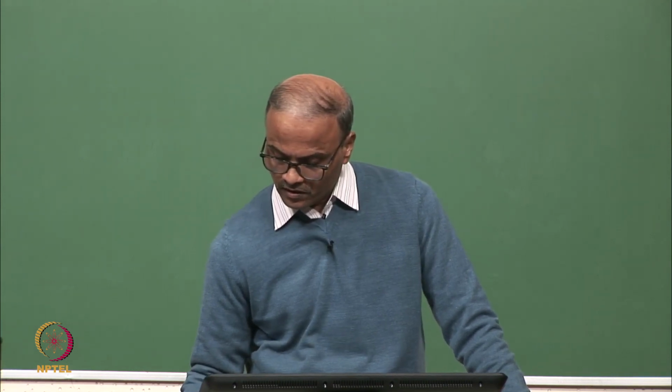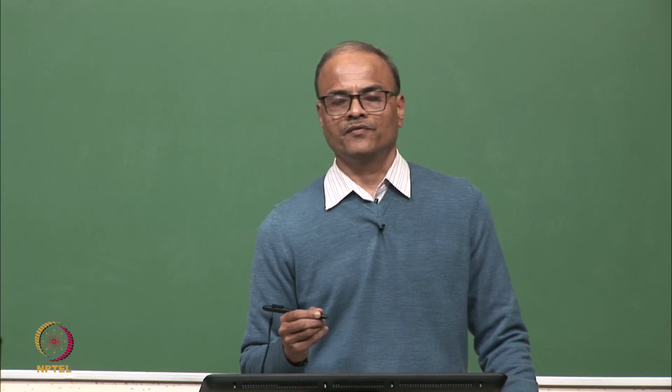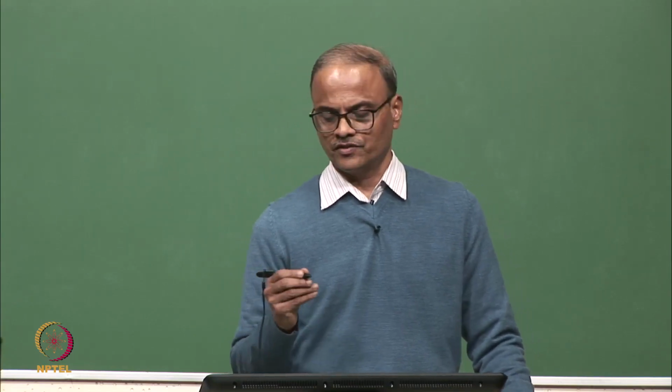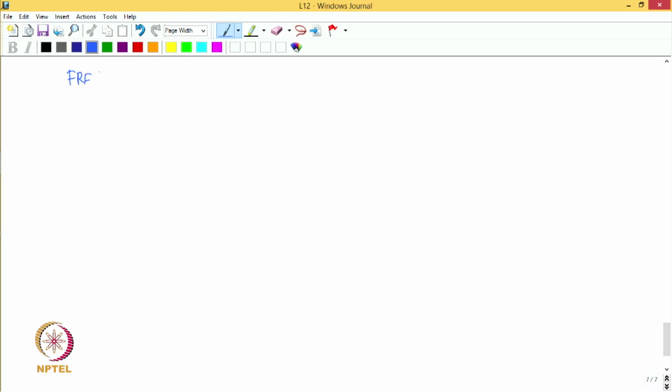Let us now study the characteristics of FRFs of a single degree of freedom system with viscous damping. So now we are going to talk about FRF characteristics of a single degree of freedom system with viscous damping.